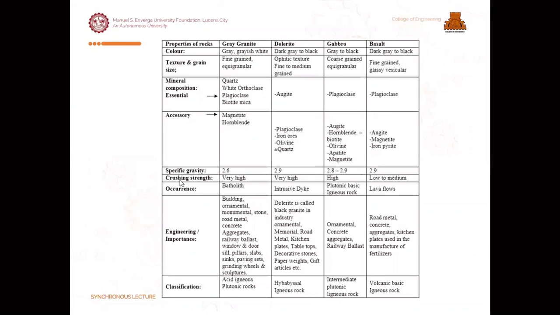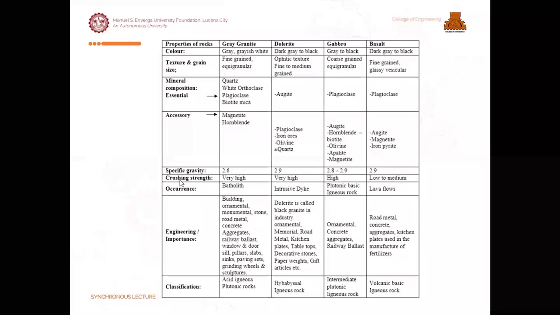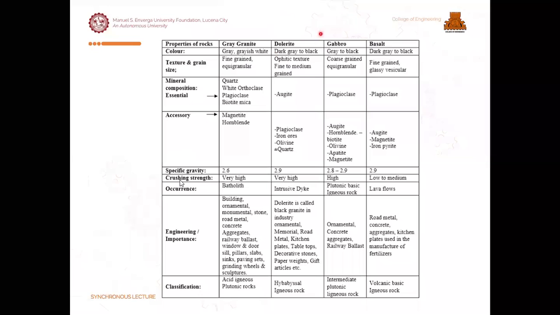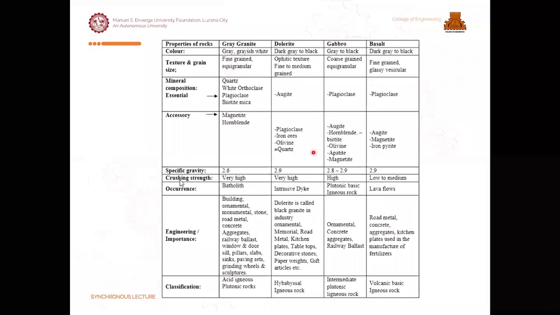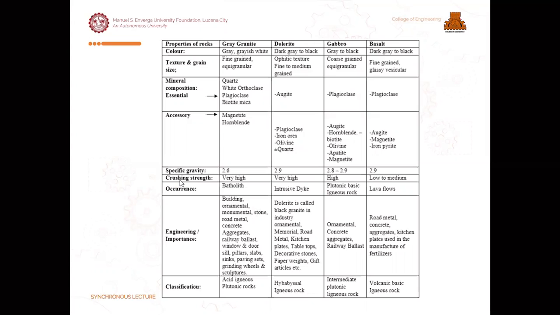So here we have our common igneous rocks: gray granite, dolerite, gabbro, and basalt. So, upon observing these index properties, this is what we should observe as characteristics of an igneous rock to be able to identify which particular type it falls under.